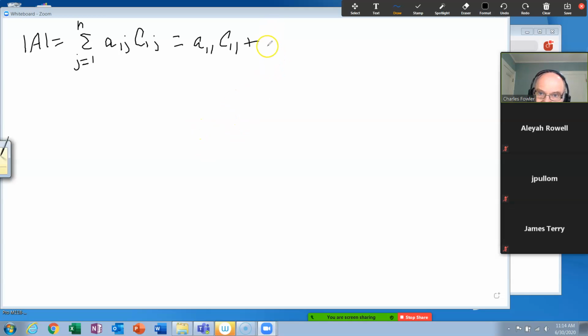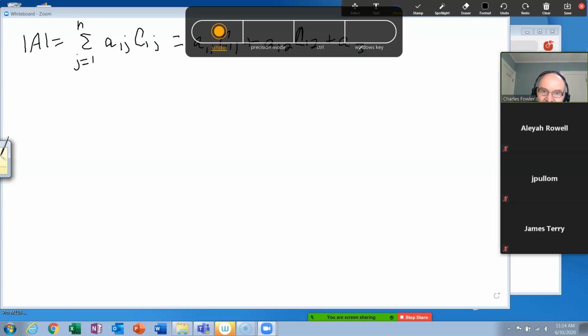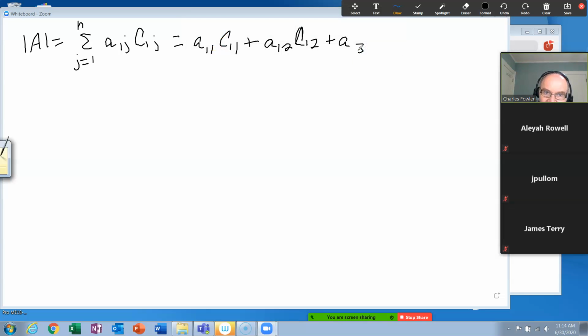A11 C11 plus A, and the first is always a 1. Now it's a 2 because you're counting up by 1. That's supposed to be a C12, plus A13. There my hand landed on that thing, pressed a button.